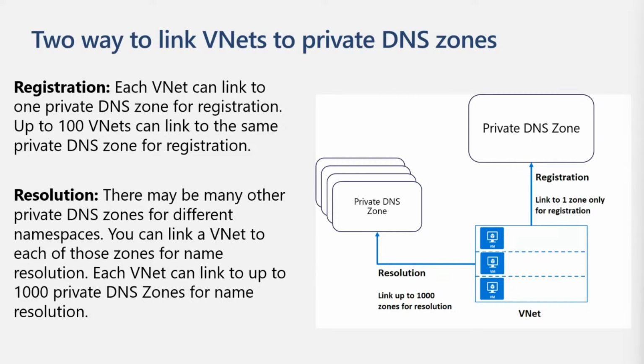For resolution, there may be many other private DNS zones for different namespaces, and you can link a VNet to each of these zones for name resolution. However, there is another limit: each VNet can link up to 1,000 private DNS zones for name resolution. So depending on your use case, you may decide which of these two ways you'd like to link your virtual network to the private DNS zone.